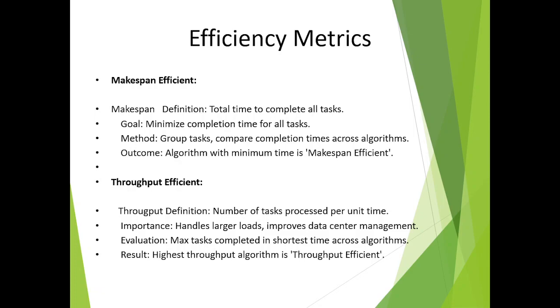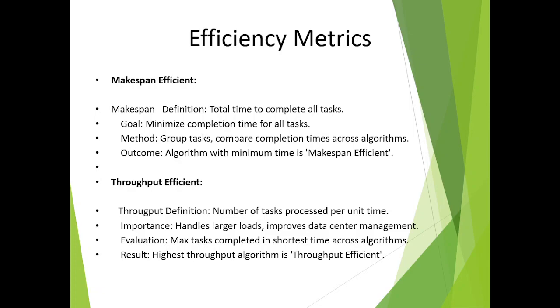Makespan is essentially the total time taken to complete a task, or the execution time. The goal is to minimize the execution time, so the algorithm with the least makespan will be the most efficient when makespan is taken as the primary criterion for predicting the most efficient algorithm.